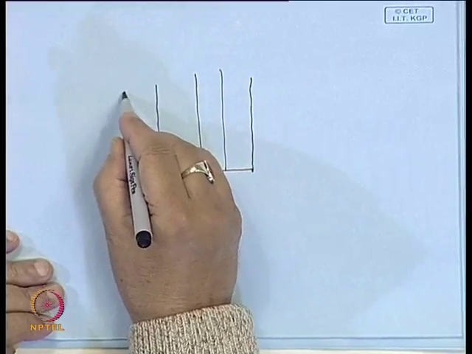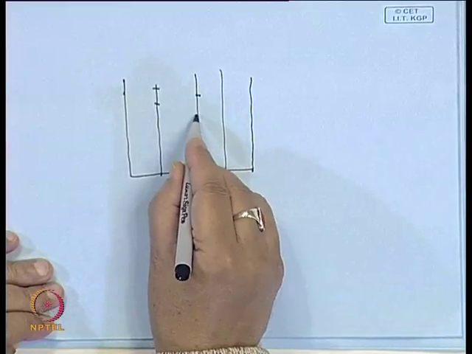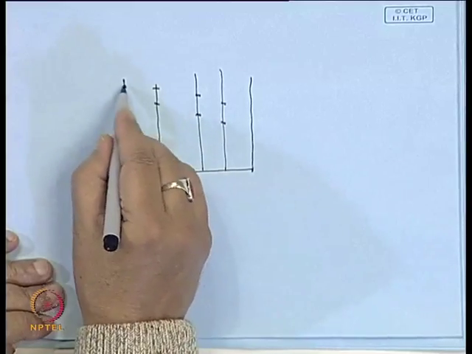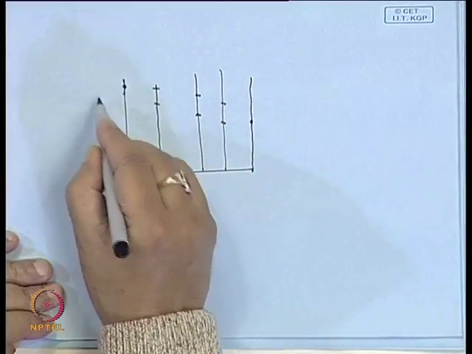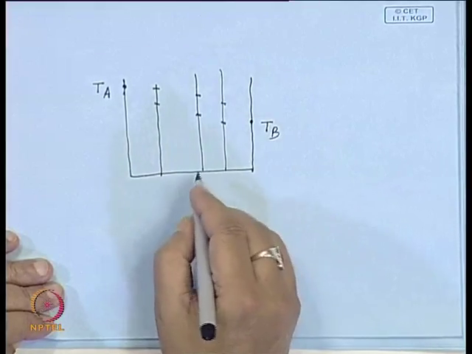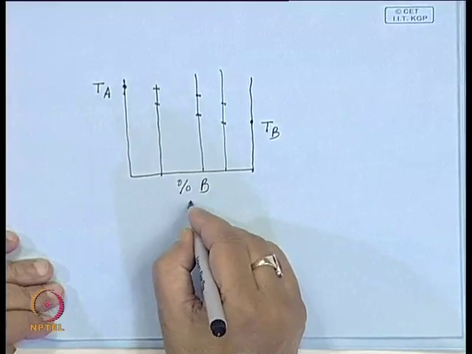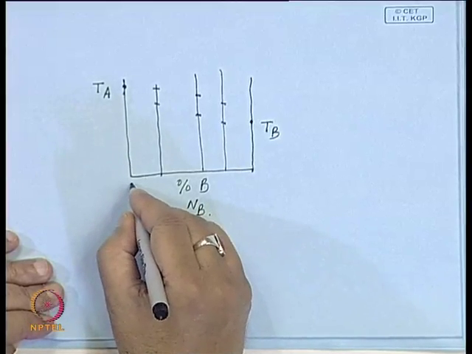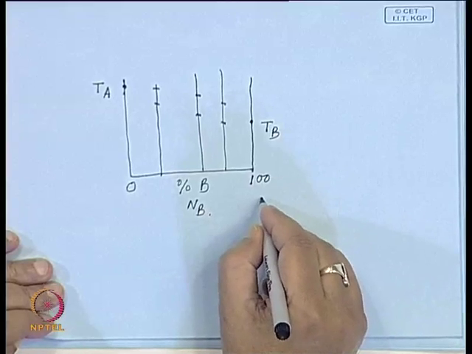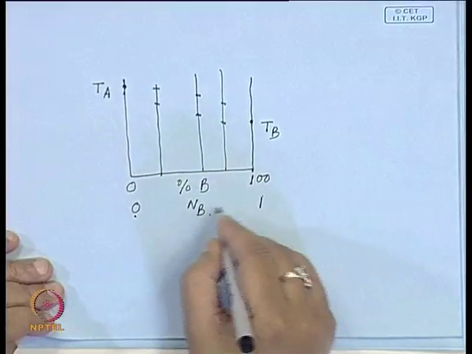For each alloy you plot T L here, T S here, and so on. Suppose this is the melting point of A, this is the melting point of B, and this is composition in weight percent B or mole fraction B. So, this is 0 B, this is 100% B, so atom fraction B is 0 here and atom fraction B is 1 here.